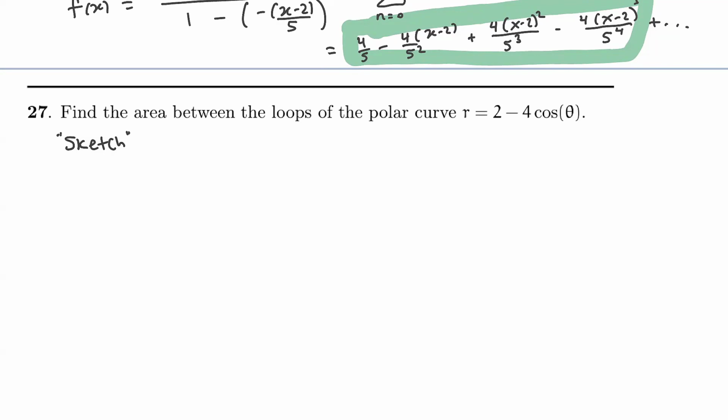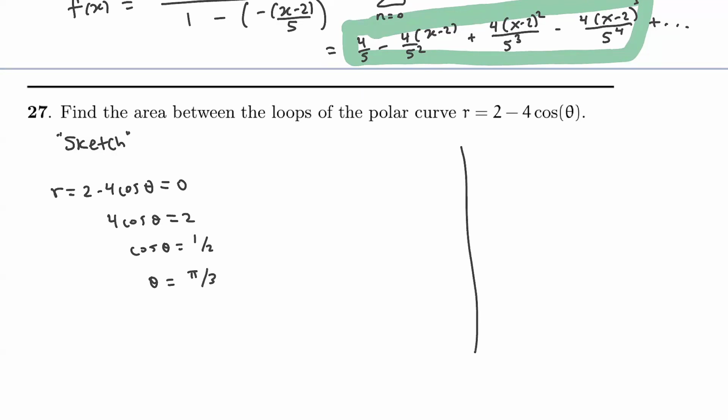Think about this: if you set r, which is 2 minus 4 cosine theta, equal to 0, this will tell us when the little inner loop happens, right? So we have 4 cosine theta equals 2. That means cosine theta is equal to 1/2, so theta is equal to pi over 3. That's one of the answers. The other one will be, by symmetry, at negative pi over 3, right?